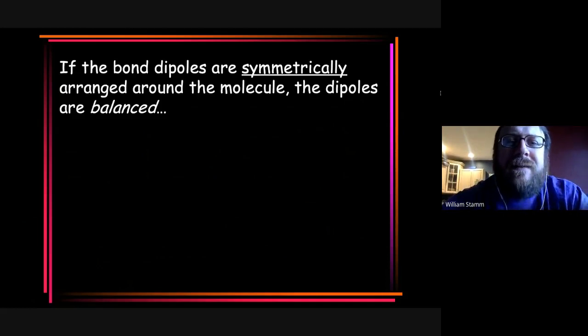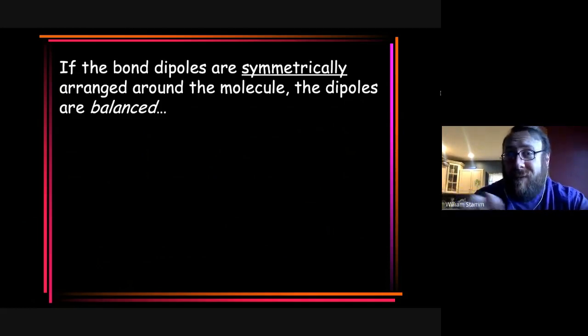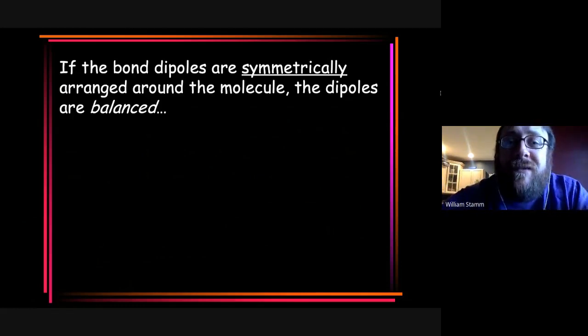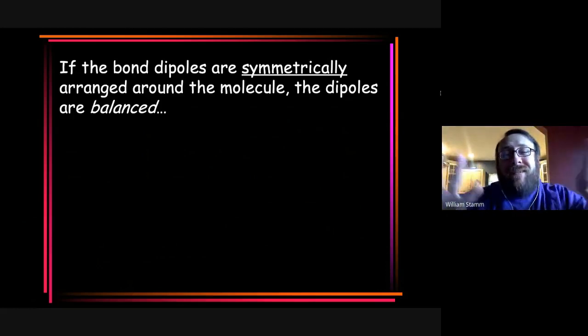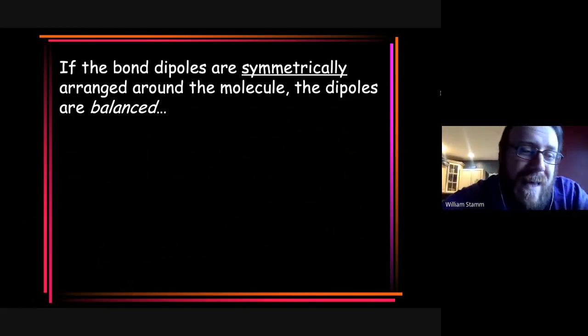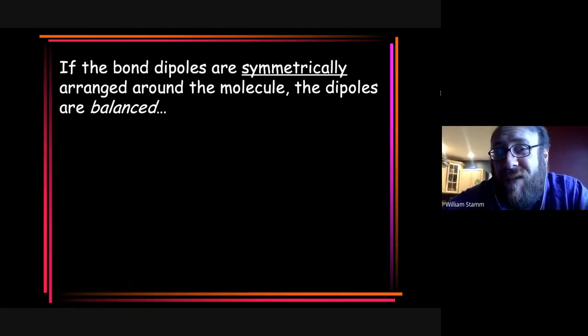If the bonds, the dipoles, those arrows we talked about that point towards the more negative side, where the electrons are hanging out more on that bond, are symmetrically arranged around the molecule, it can actually cancel things out and balance out the entire molecule and make it act non-polar, where everything's equally shared.